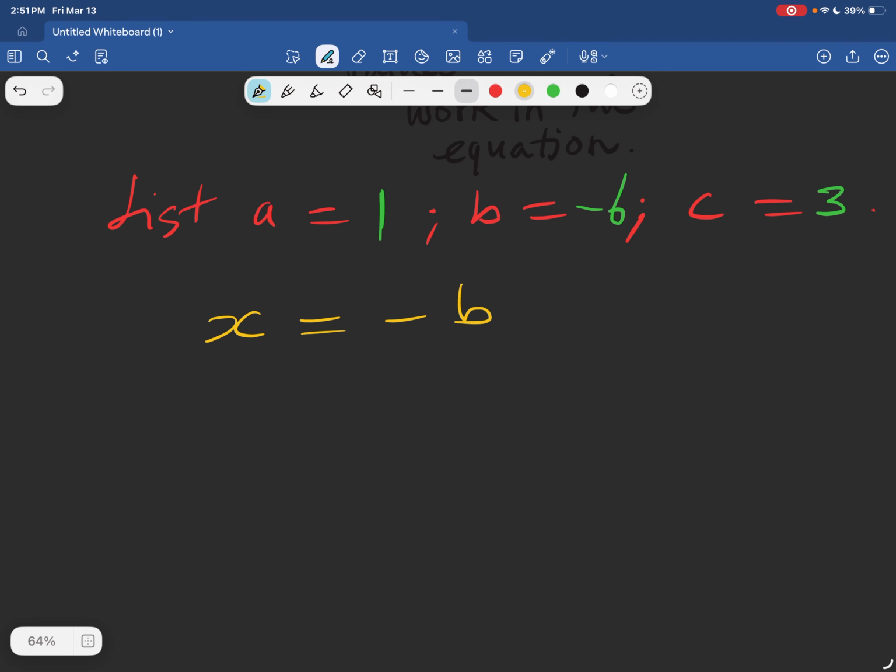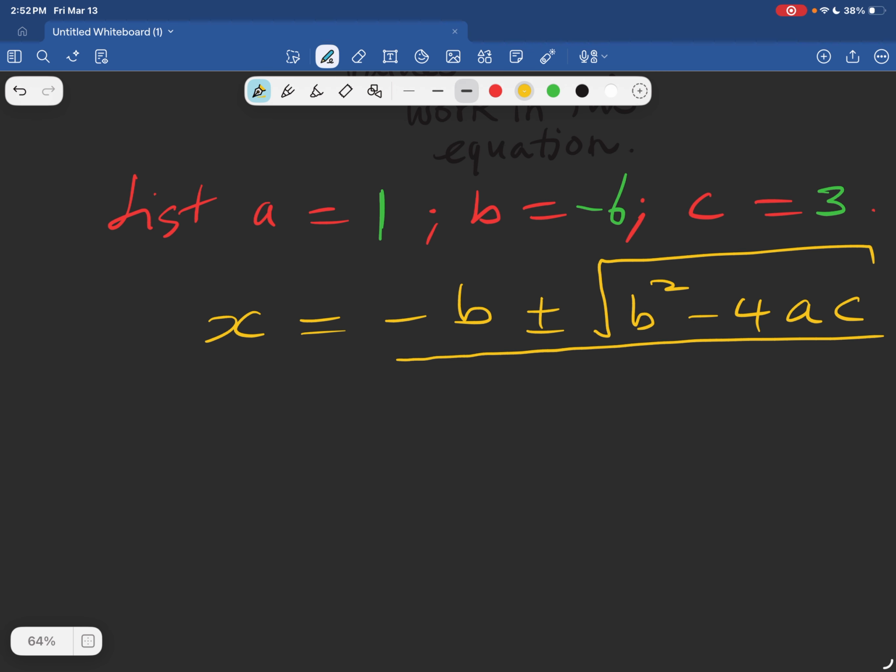So if b is negative, it would be the negative of a negative, plus or minus, because there are two answers when you take the square root, so we have to put plus or minus, the square root of b squared minus 4ac, which we call the discriminant. All of that you learn in Algebra 2, all over 2a.